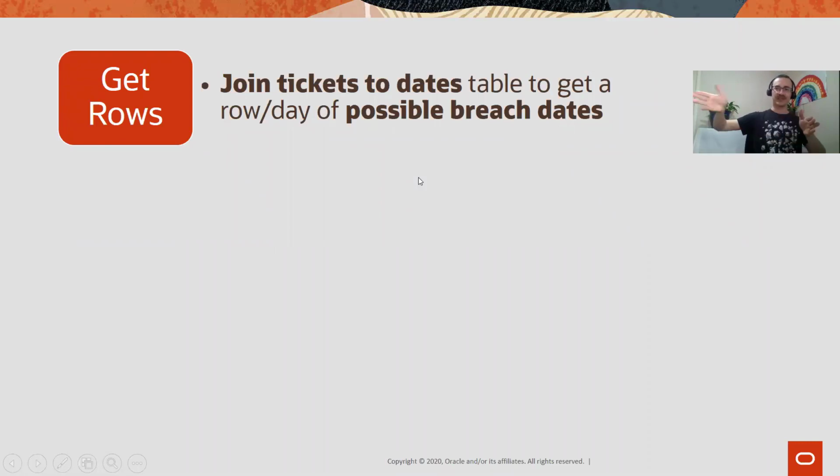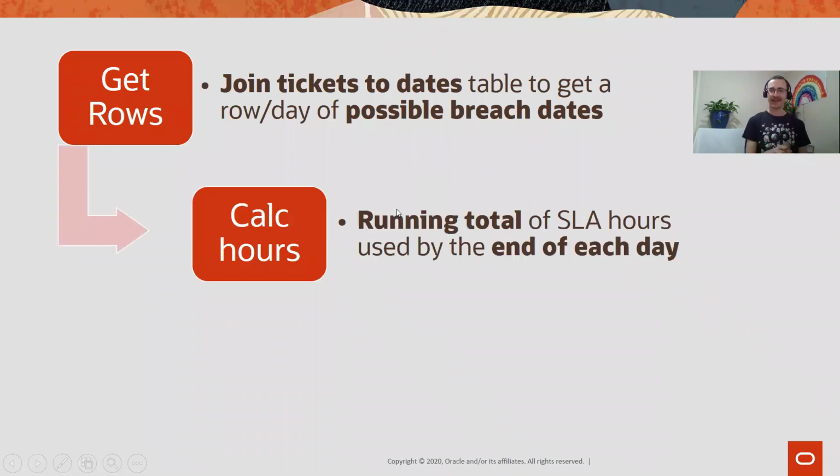So we're going to create a set of candidate breach dates and use that to find when the number of SLA hours have been used up. So how do we do that? Well, we then need to calculate for each day how many working hours have been consumed by the end of that working day. So we saw that ticket raised 4 p.m.